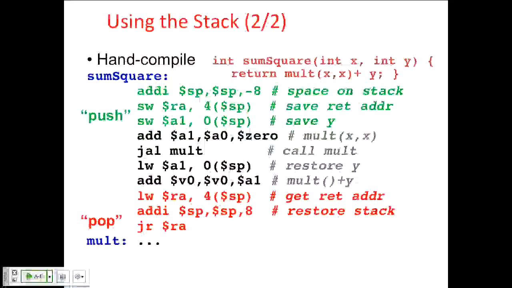Then, to finish off, I have to reload the return address off the stack and restore the stack by adding 8 back to it, and then I jump to the return address to jump back to the original function. Okay. So that's how you translate that C function into MIPS assembly code, following this stack convention.